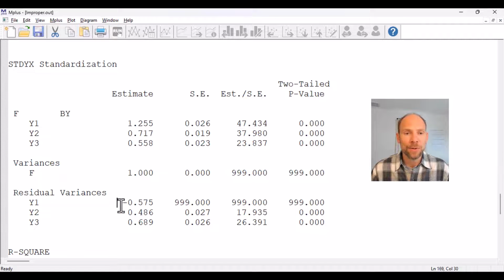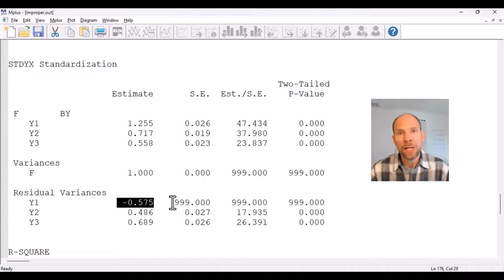So this shows you the model is misspecified. It doesn't work here to fit a single factor structure to these three indicators. They are not unidimensional. You would have to pick a different model or select different indicators in this case, because this clearly indicates that there's model misspecification.